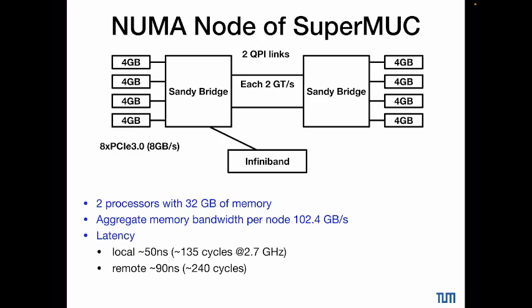All the processors can access all the memory. There is a connection here between the processors, but it's slower. So for example, the local access is 50 nanoseconds here. If this processor would go there, it's 90 nanoseconds. So it takes almost double the time to get information from the other one. Therefore, it's called NUMA, non-uniform memory access, so the access time is different.